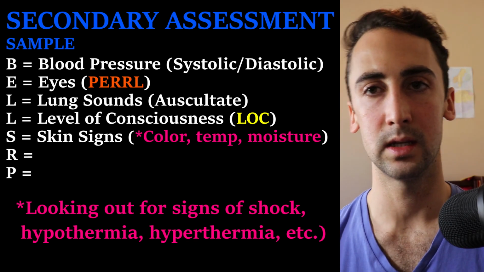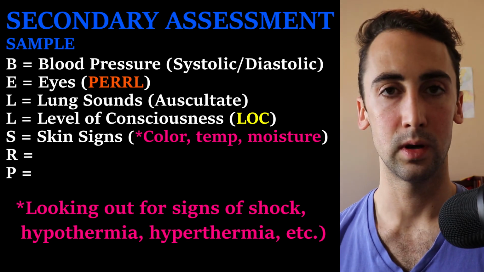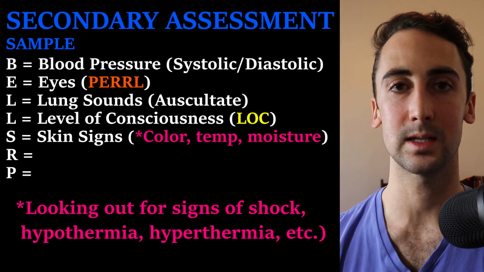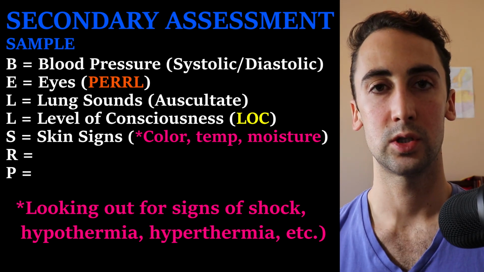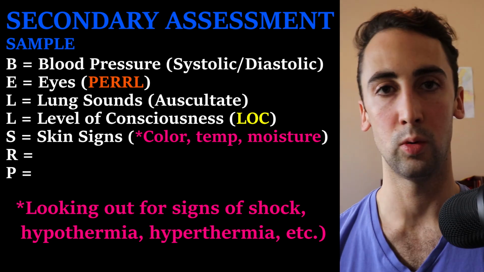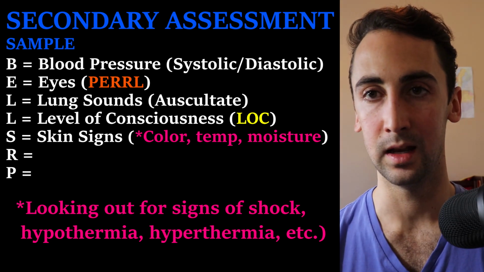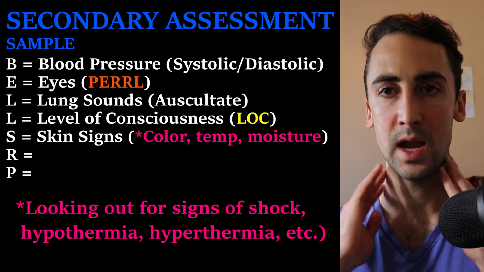Are their extremities or core cold or hot? Those are all going to be important things to mention when we get to the hospital, or obviously treat the patient. If they're super cool, if their body feels cool, you might throw a blanket on them, or maybe they're super overheated. We might want to put some ice packs on their neck.